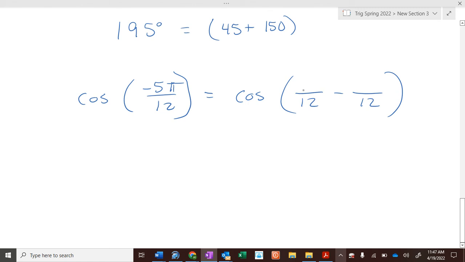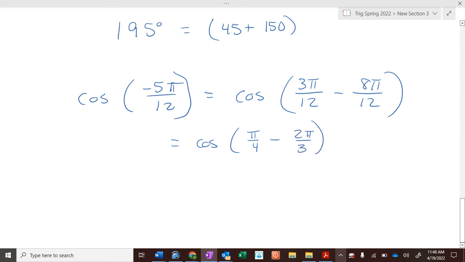No. 1 and 6 doesn't work because you can't have 1 pi over 12. 2 and 7 doesn't work because you can't have a 7 pi over 12. 3 and 8. That will work. Because that is the cosine of pi over 4 minus 2 pi over 3.